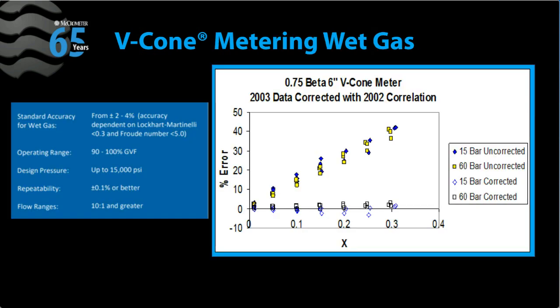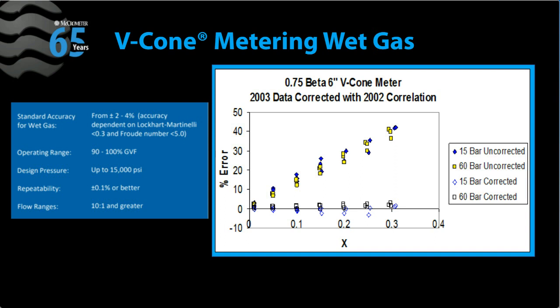So when it comes to metering wet gas, we are trying to avoid the overreading error that the liquid inside the gas would cause. Measuring these kinds of applications accurately is a very tough task to do. Using a combination of the V-Cone equations and the wet gas correction factor, we're able to calibrate V-Cone meters in wet gas applications to plus or minus 2% to 4%.